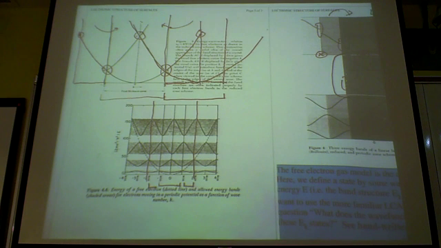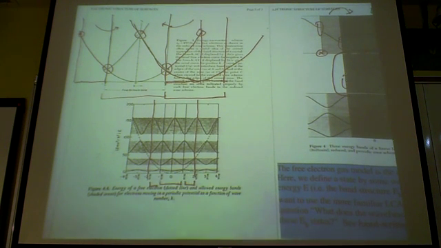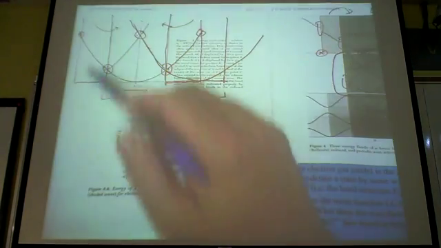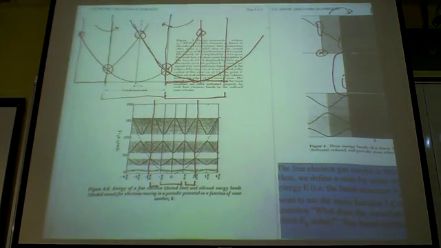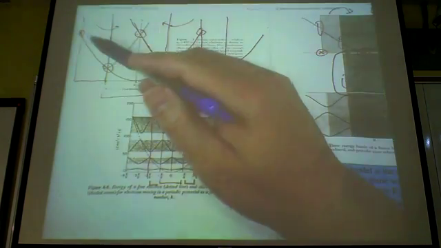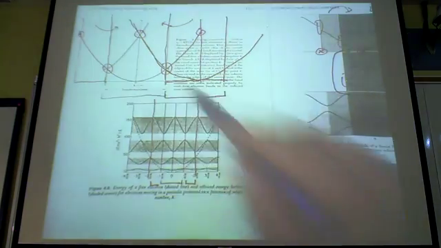I think it's a useful thing to realize for the purpose of this course. When you're looking at the electronic band structure for a solid, you will see this. And the one thing that I'd like people to recognize is that for a free electron, the electronic band structure is a parabola.